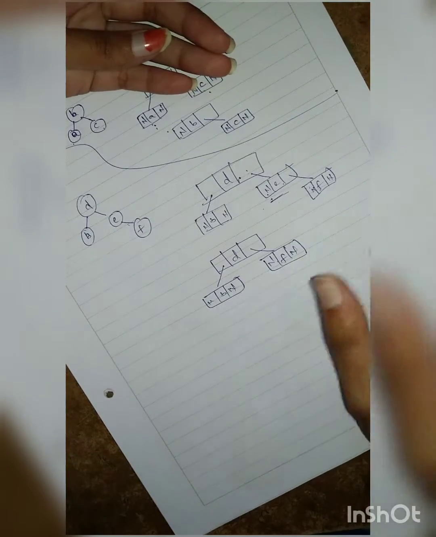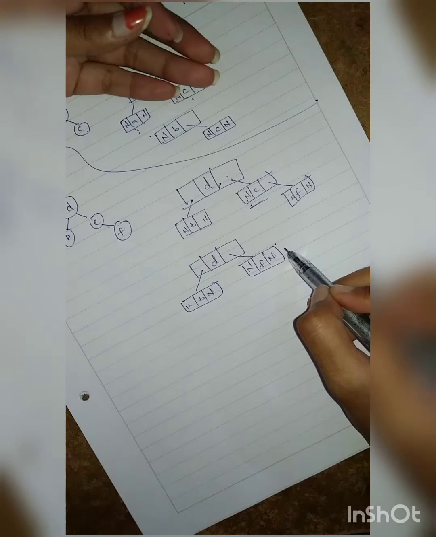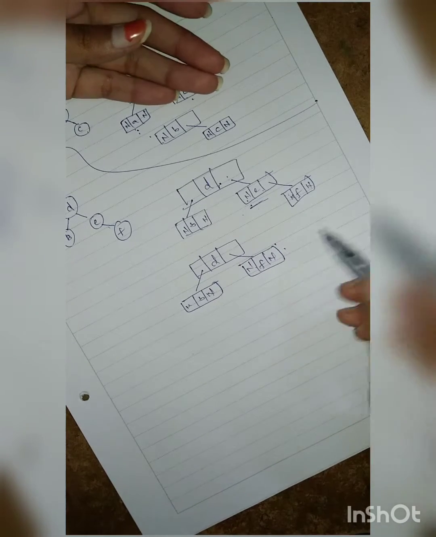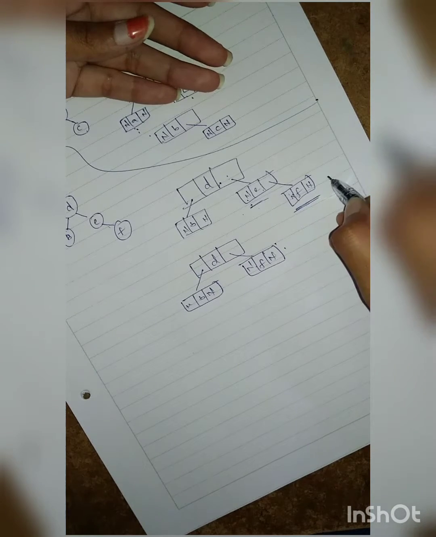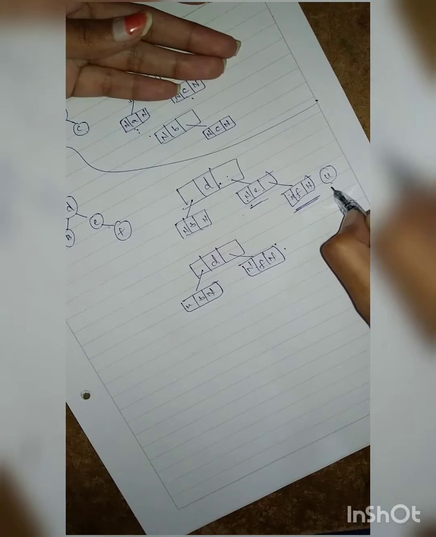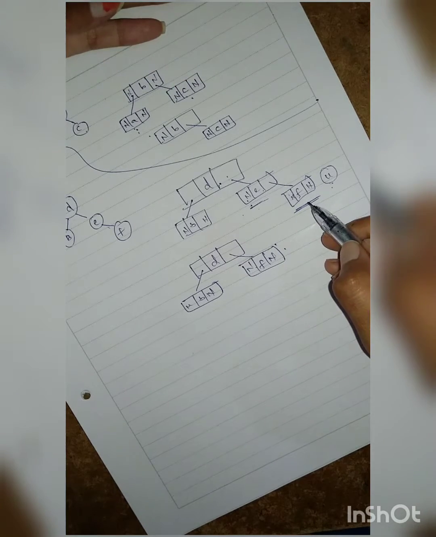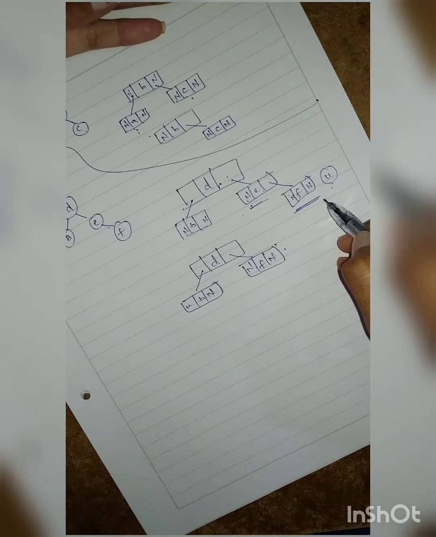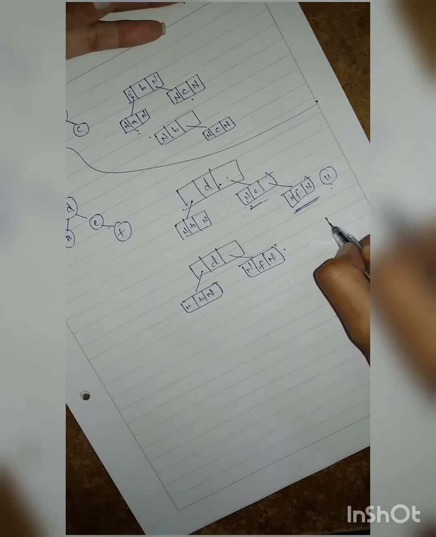So for deleting the nodes in the binary search tree, we have 3 cases. First thing is, let's consider this node as U. If element U is a leaf node, that is the first condition.